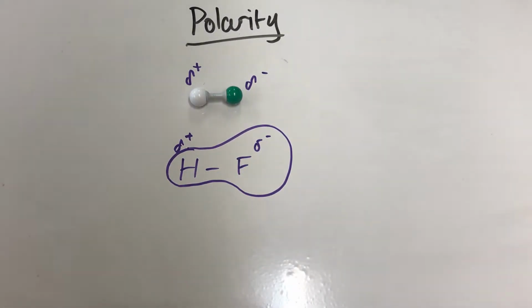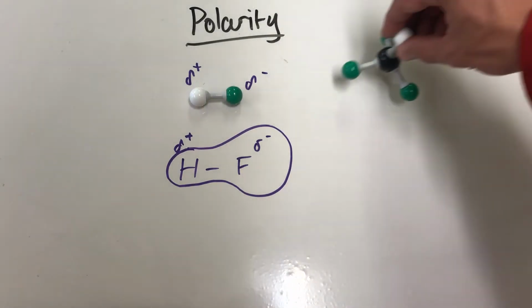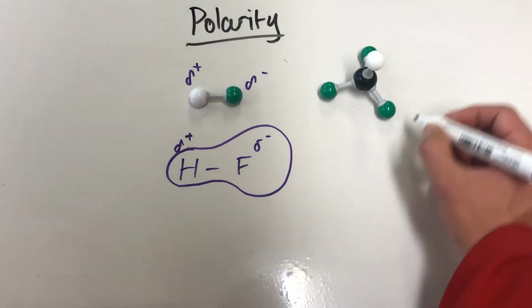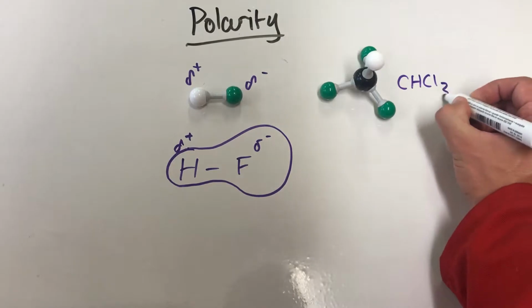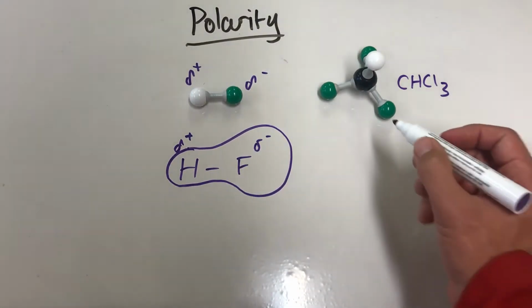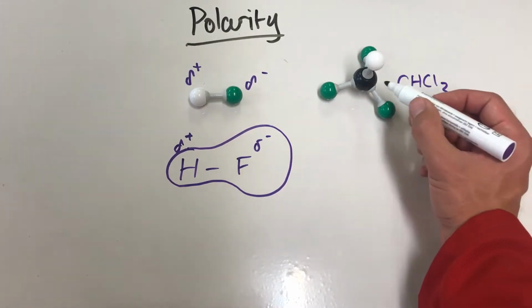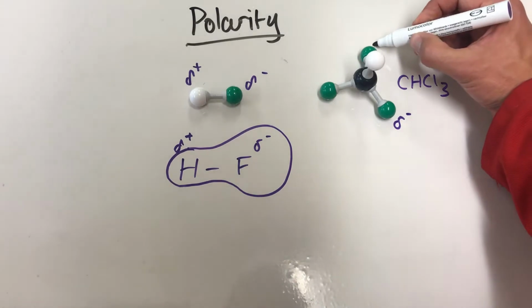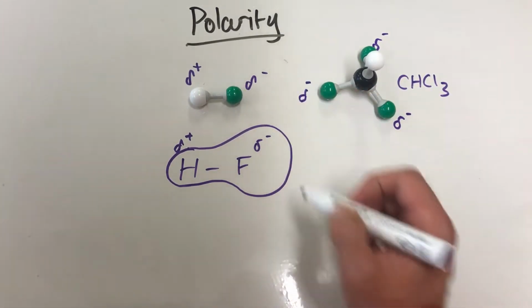Let's look at a slightly more complicated example. So slightly bigger structure. Let's look at trichloromethane, CHCl3. Now we can see with this one, what we have is we have three chlorines which are more electronegative than the carbon. So we'll have a delta negative chlorine there, another delta negative up here, and we'll have another delta negative there.